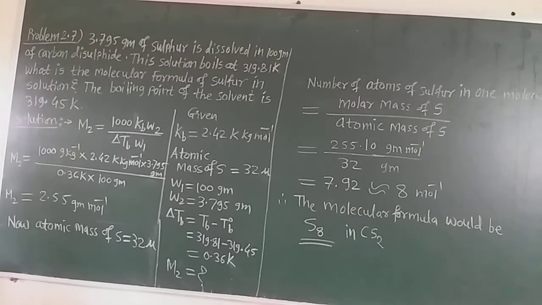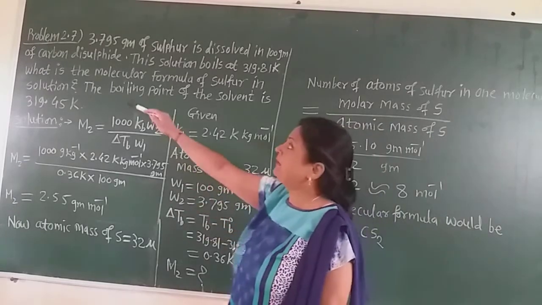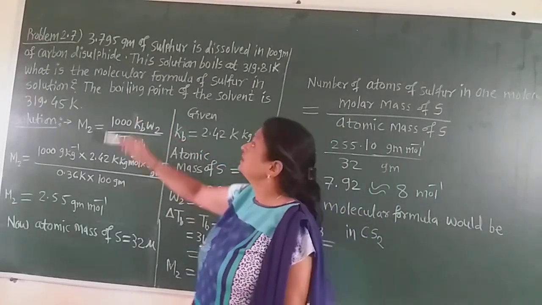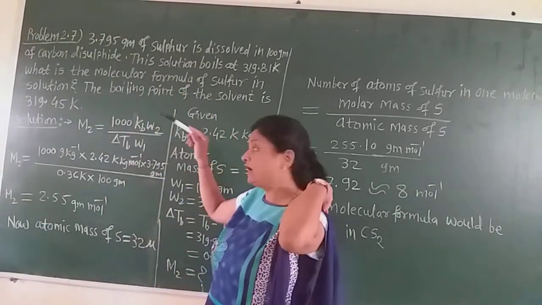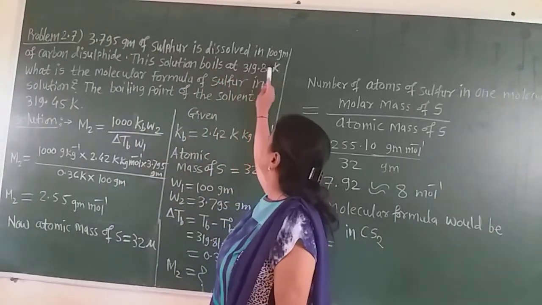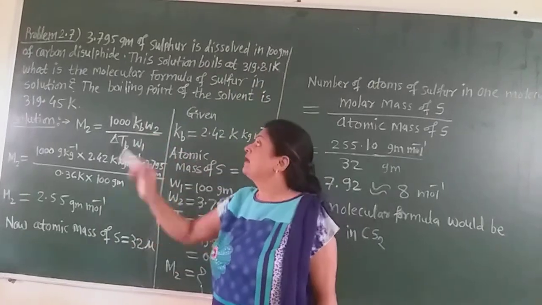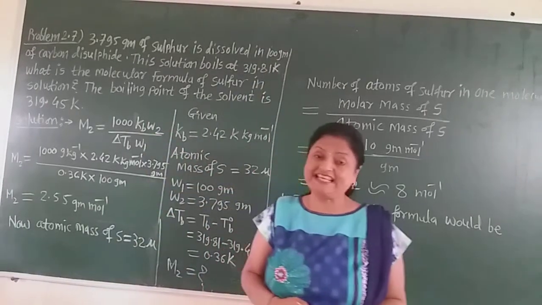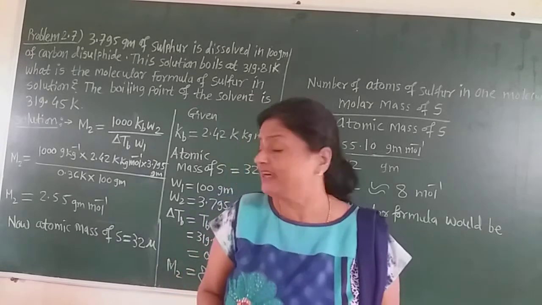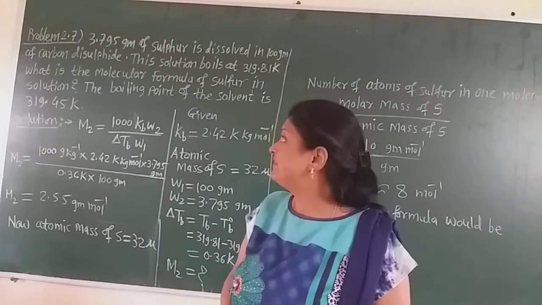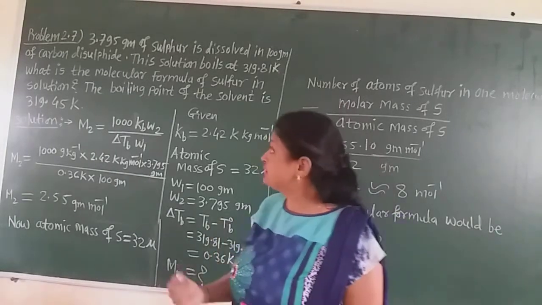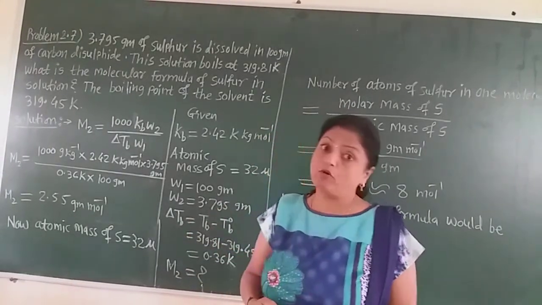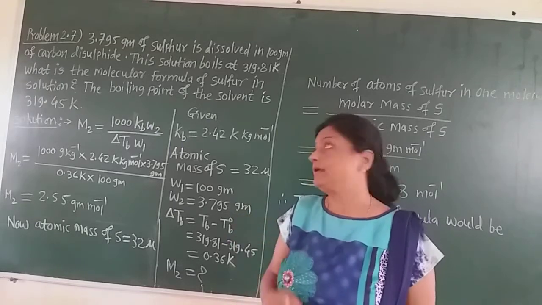So let us read the problem. Now what is the numerical? Problem number 2.7. 3.795 gram of sulfur is dissolved in 100 gram of carbon disulfide, CS2. Carbon disulfide is the solvent, and 3.795 gram of solute, that is sulfur, is dissolved in 100 gram of the solvent carbon disulfide.